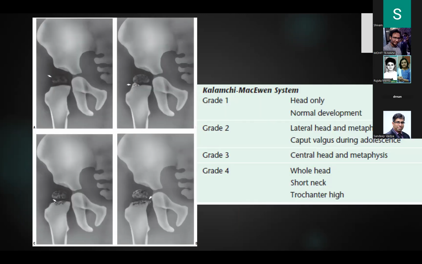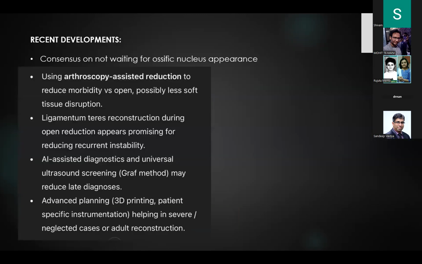So recent developments: previously there was a belief system of waiting for the ossific nucleus to appear, but there is no longer a consensus on waiting for the ossific nucleus to appear to consider reduction. Then arthroscopy assisted reduction to reduce morbidity versus open, possibly less soft tissue disruption.